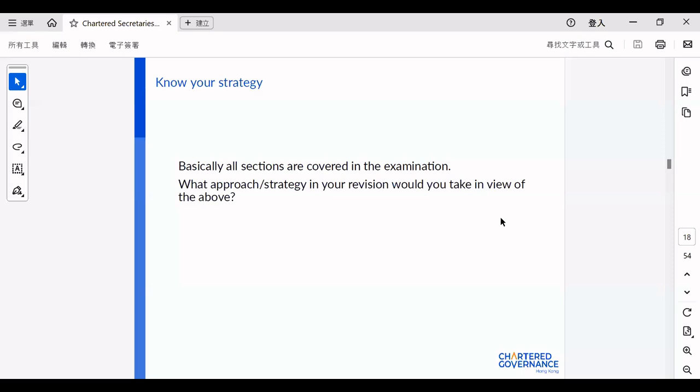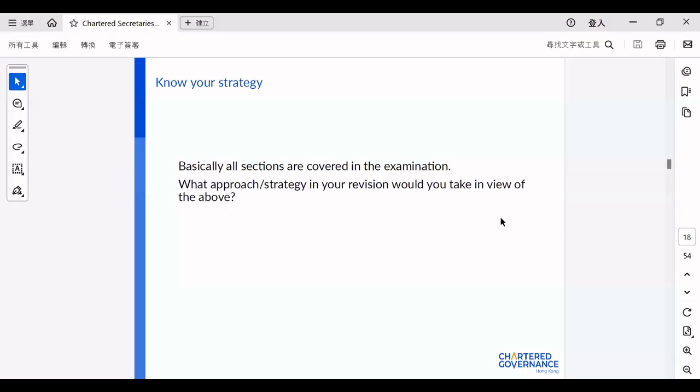If you do not revise any of these learning outcomes or any of these sections, firstly, obviously, the topic that you have missed may actually appear in the examination. So if you skip any part of your syllabus, you are risking facing questions on topics you have not prepared for, and you have limited your choices.